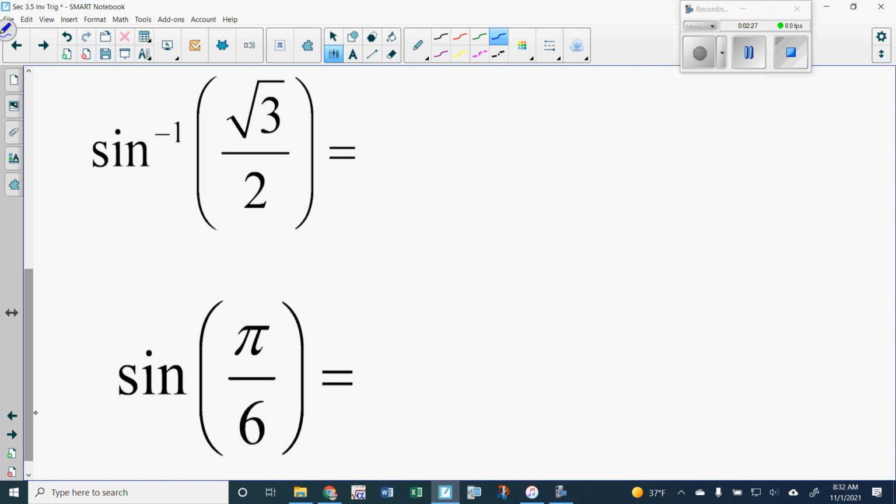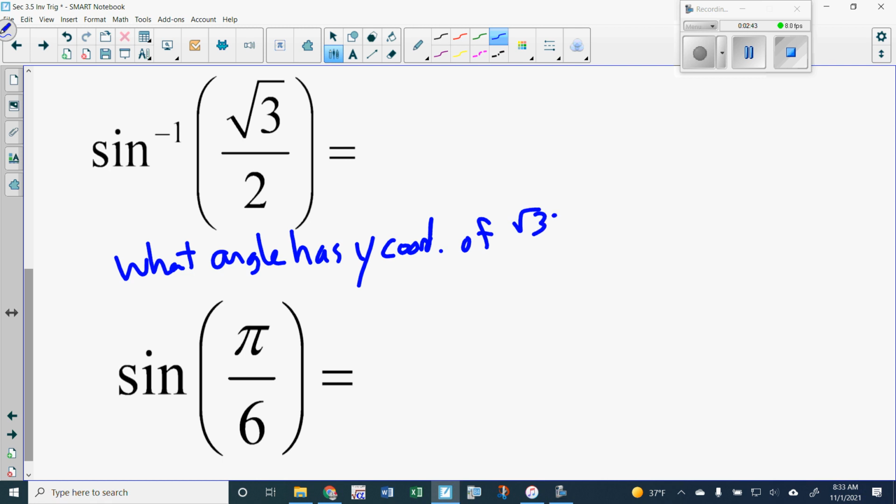So if we remember that idea, we could come down here and look at sine to the negative 1 of square root of 3 over 2. You are thinking, what angle has a y-coordinate of square root of 3 over 2? This is like unit circle stuff, right?